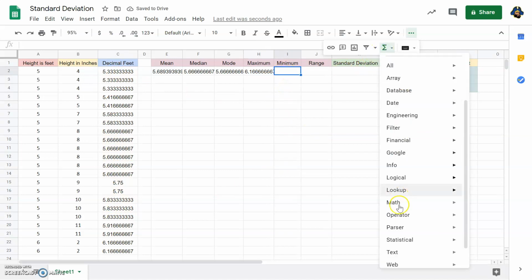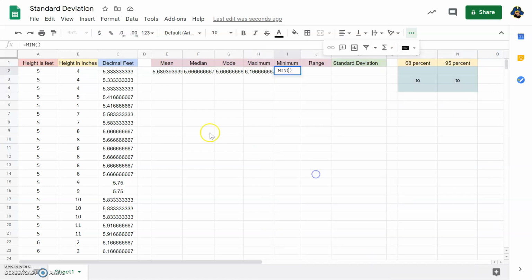Minimum, 5.33 feet, and the range is going to be the maximum minus the min, so we type equals maximum minus the minimum. So we have a range of 0.83 feet between the shortest and tallest person.